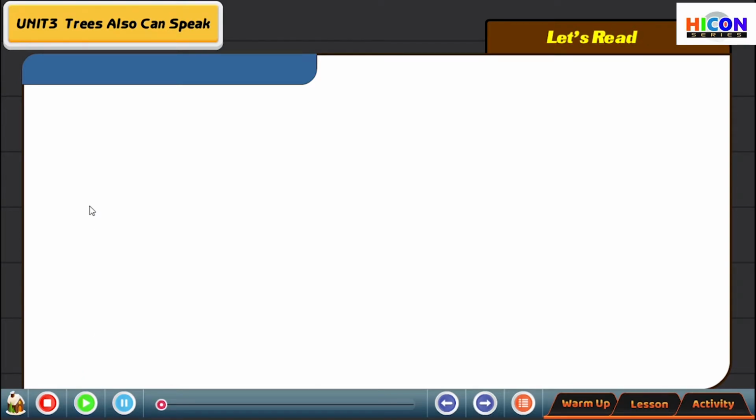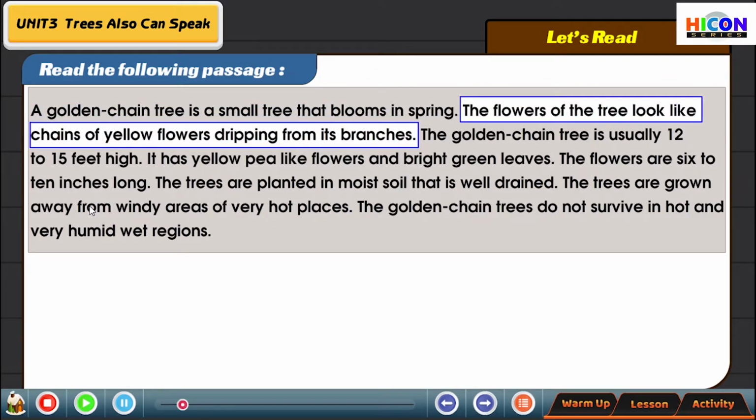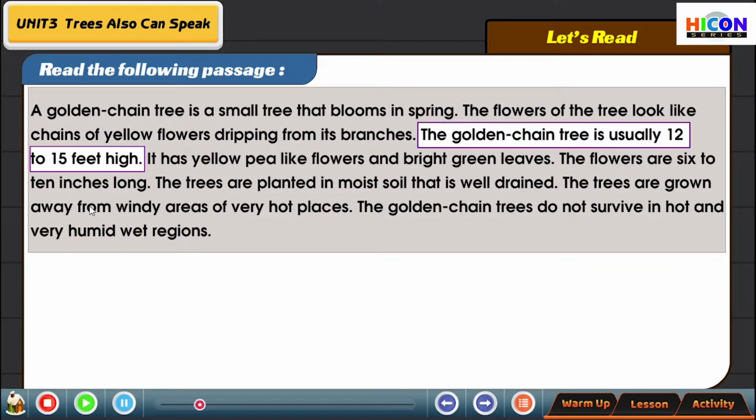Let's read. Read the following passage. A golden chain tree is a small tree that blooms in spring. The flowers of the tree look like chains of yellow flowers dripping from its branches. The golden chain tree is usually 12 to 15 feet high.